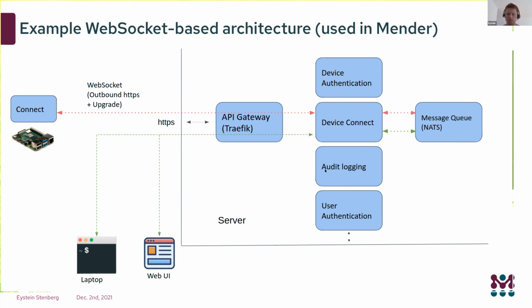In Mender, we also have audit logging in place so you can see what's happening in that connection, for example, which terminal commands are sent back and forth. And of course, you need to authenticate these users so they're not wide open, and have role-based access control and so on. But this is basically how it could work if you decide to go with a WebSocket-based architecture.